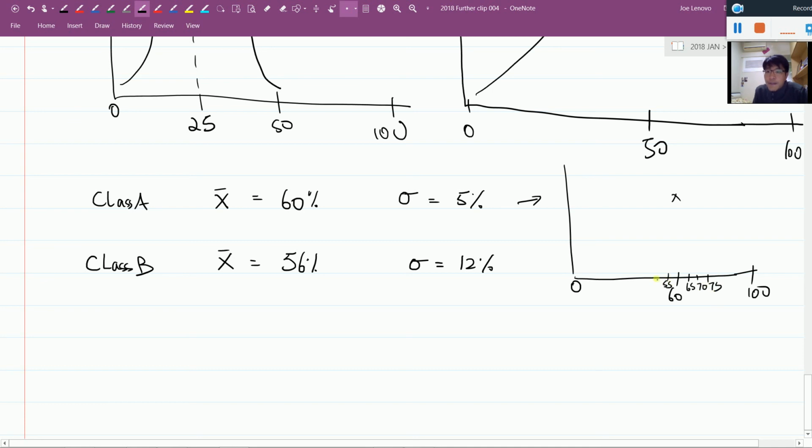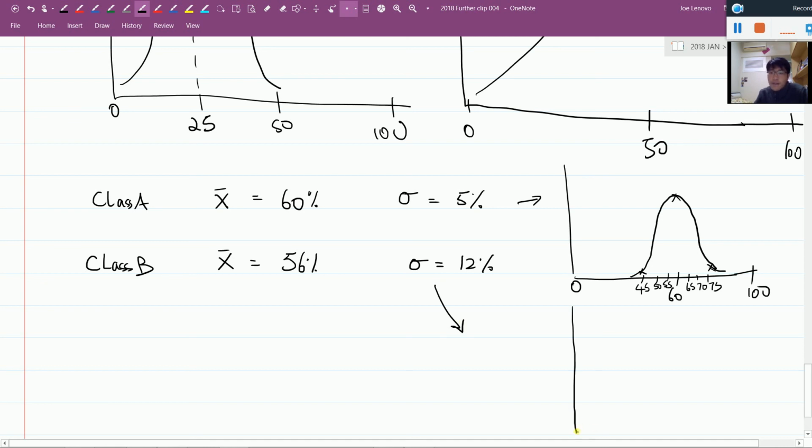Go back, 55, 50, and 45. And your graph basically starts from 45 and ends at 75. And you draw a bell curve there and extend a little bit on each side. See? Done.